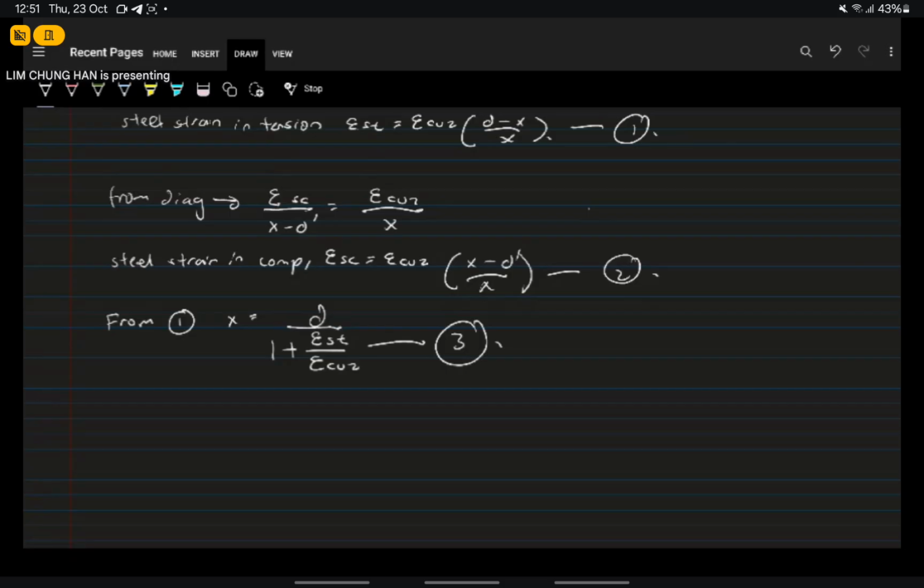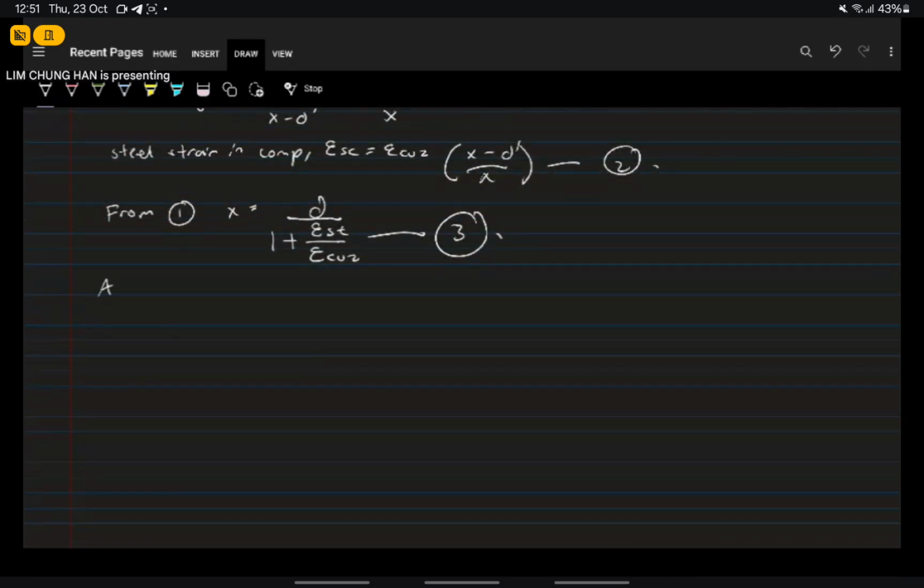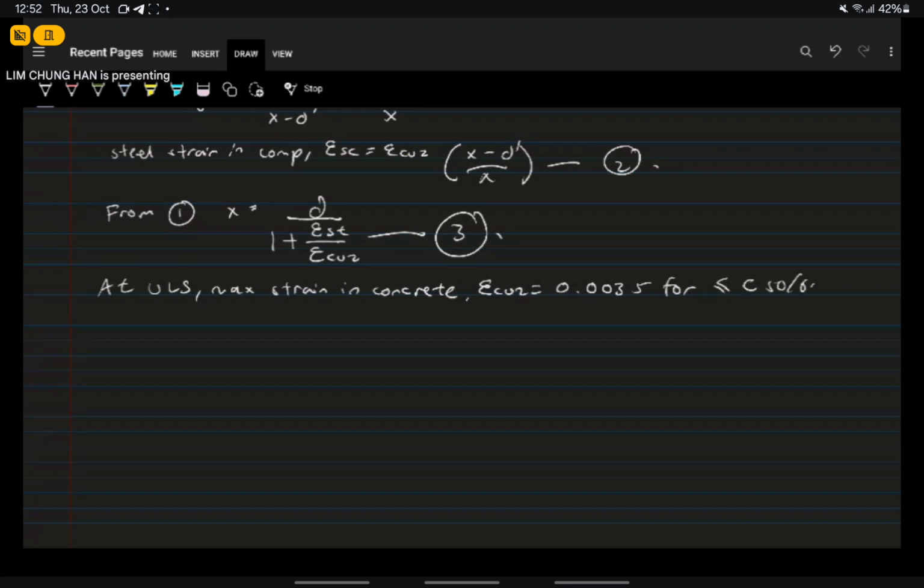Now, we know at ULS, ultimate limit state, the maximum strain in concrete at failure, epsilon cu2, is 0.0035, for concrete grade C50/60 and below.